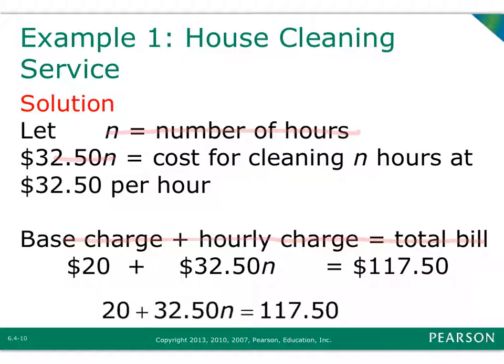That's what we read from the problem initially. So we write it out. Here's 20 plus 32.50 times n is equal to $117.50. So we have to solve for n.